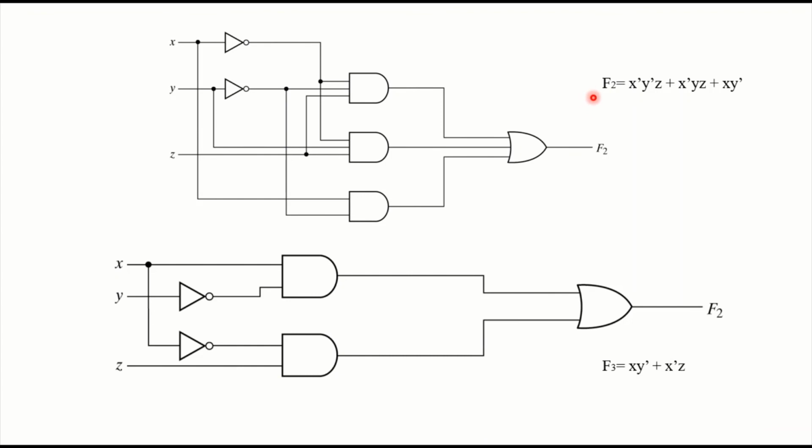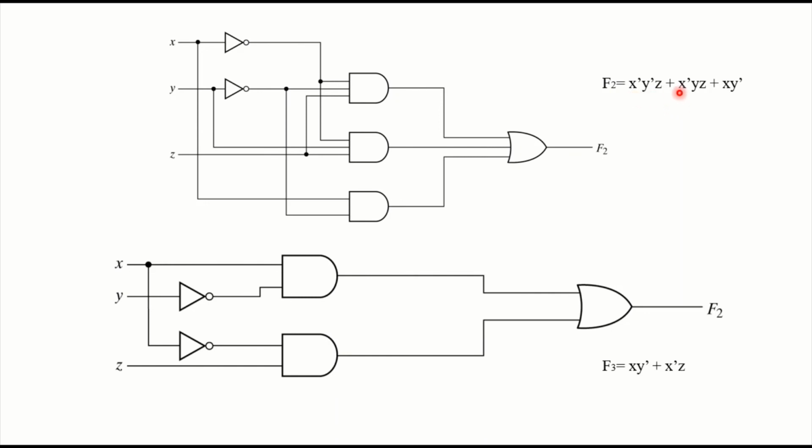Now consider the second function. Second function is F2 equal to X bar y bar Z plus X bar y Z plus X y bar. We can see from here this function F2 is having three terms. It means this is having ORing of three terms, so the output will be ORing of three terms with a three input OR gate.